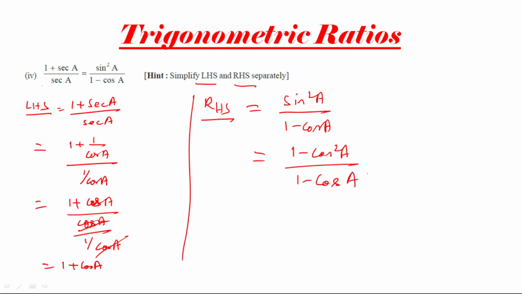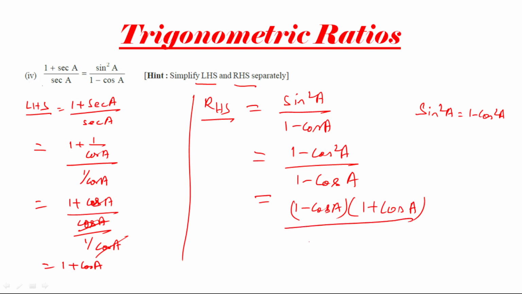The formula is sin square A is equal to 1 minus cos square A, so it is 1 minus cos square A by 1 minus cos A. So 1 minus cos square A can be written as 1 minus cos A into 1 plus cos A, divided by 1 minus cos A. Which formula have we used? We have used A square minus B square is equal to A minus B into A plus B.